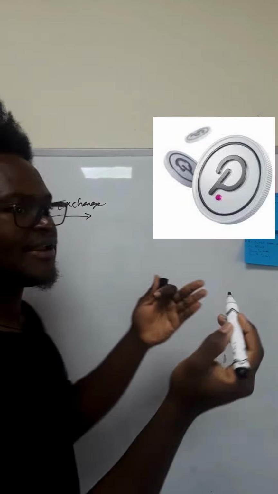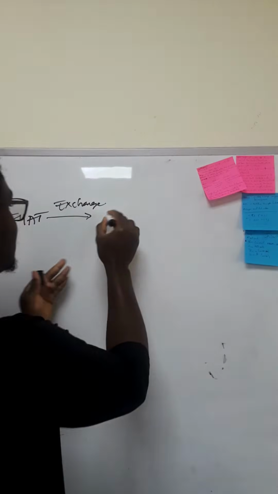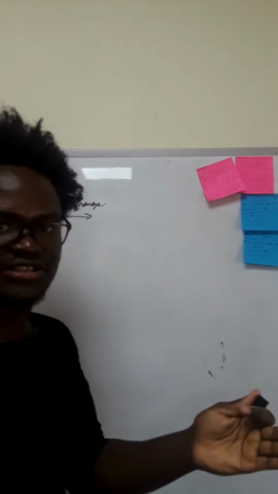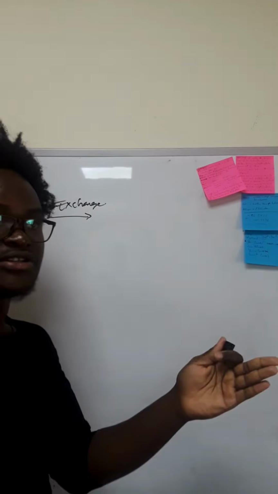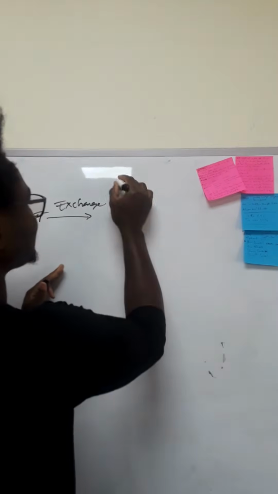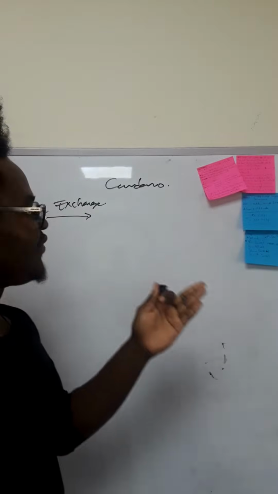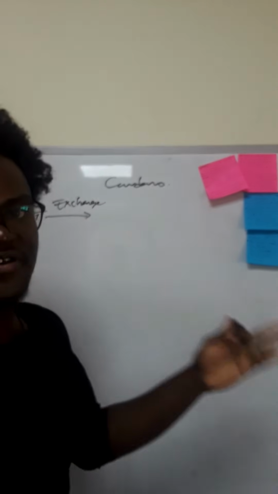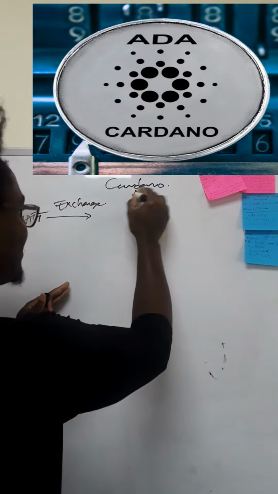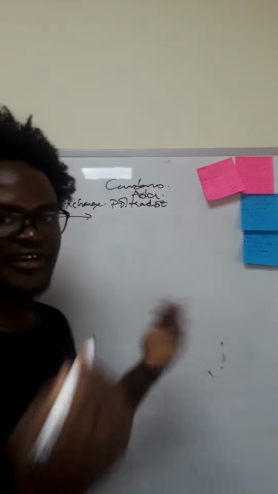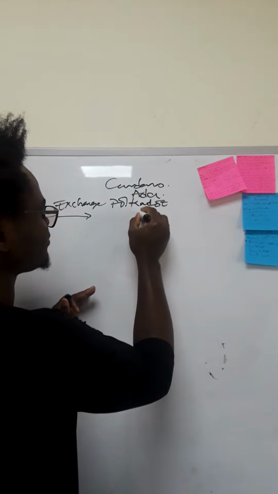Let's say you're buying Polkadot, for example. All cryptocurrencies have some kind of abbreviation. Some do not. For example, Cardano's ticker symbol, which is just some kind of abbreviation for it, is ADA. Polkadot's abbreviation is DOT.